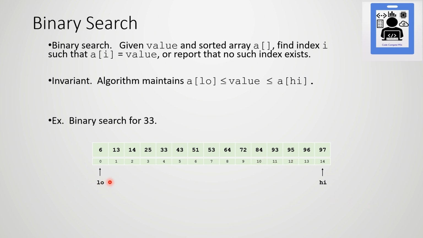Since we are considering this array as a sorted array, we take the entire array as our initial interval. So low becomes 0 and high becomes 15 minus 1, which is 14. Let's start the iteration.